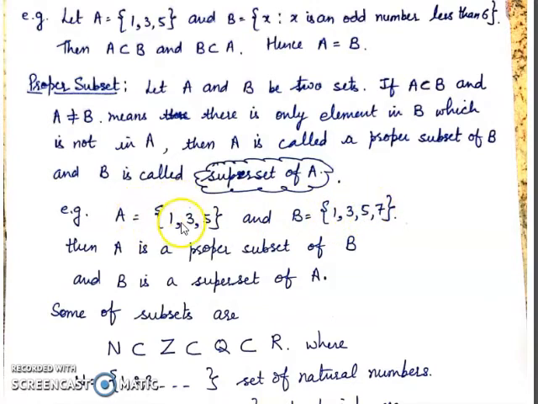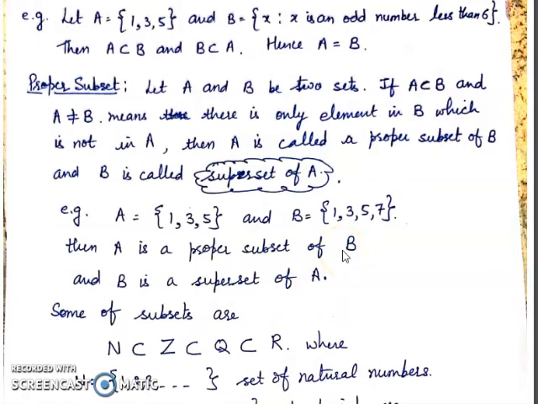So clearly A is a subset of B. All the elements are in B. But B has one element, 7, which is not in A. It may be one or more than one, but a minimum of one element must be in B which is not in A. Then we say A is a proper subset of B.